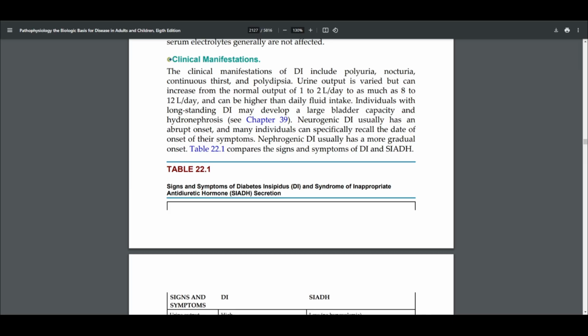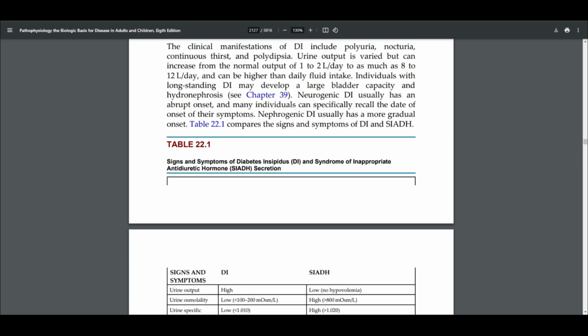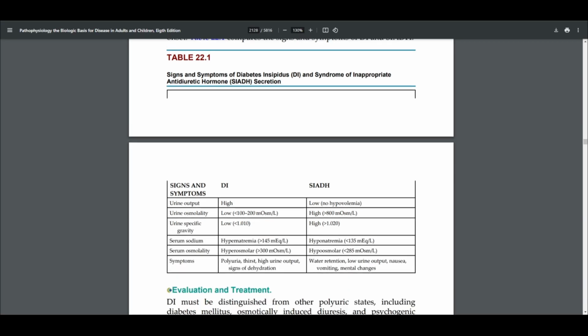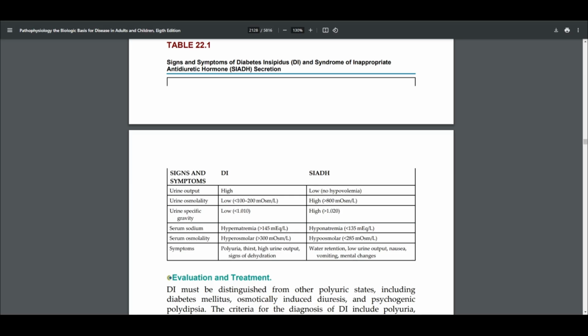Neurogenic DI usually has an abrupt onset, and many individuals can specifically recall the date of their onset of symptoms. Nephrogenic DI usually has a more gradual onset, and Table 22.1 compares the signs and symptoms of DI and SIADH. I'll leave that table up for just a moment, and we'll continue on with the evaluation and treatment.